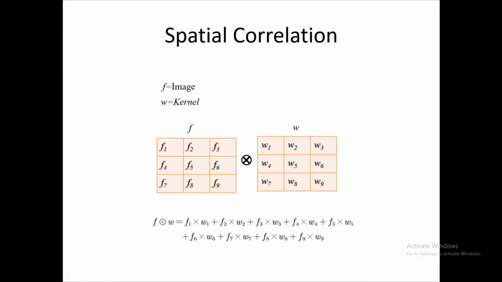What we get is the sum of product. Here f1 is multiplied with w1, f2 with w2, f3 with w3, and so on, and finally we take the sum of product, which gives us the spatial correlation at the pixel f5.